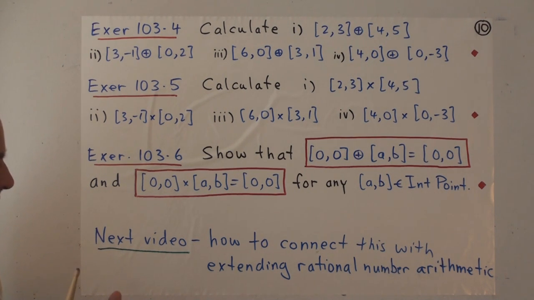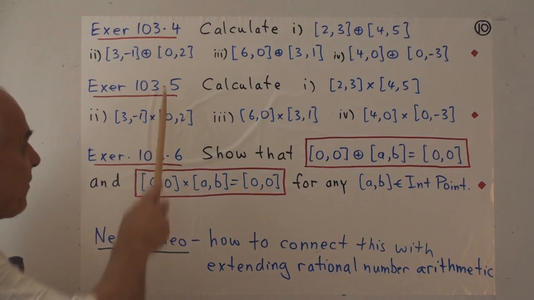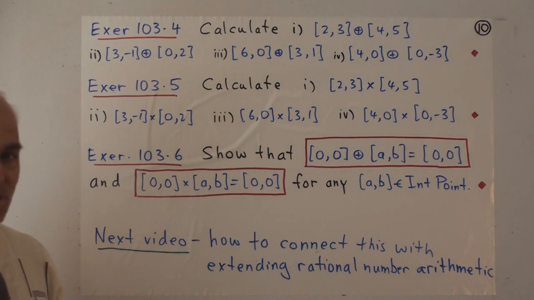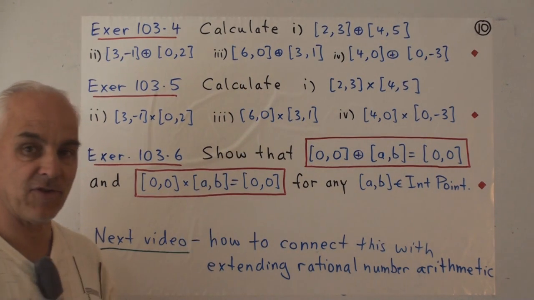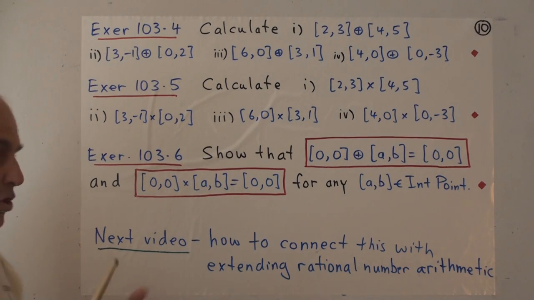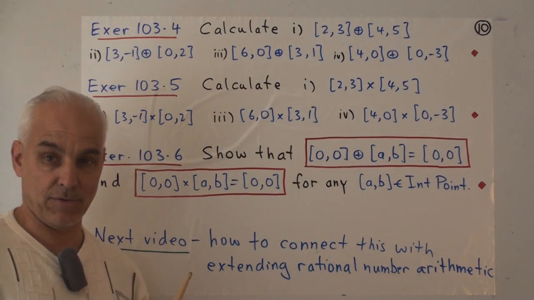All right, so now we're in a great position to connect this with this extended rational number arithmetic. So the point (0,2) is going to represent for us the fraction 0 over 2, the rational number that we usually call 0. But this point here, say (6,0), is going to represent a new kind of extended rational number, 6 over 0.